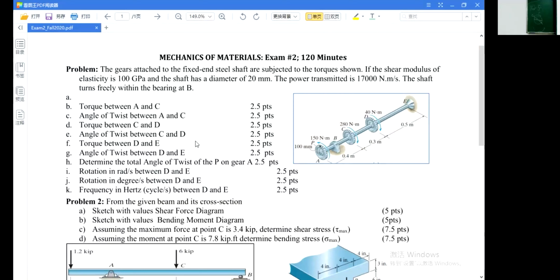The power transmitted is 17,000 Newton meter per second. The shaft turns freely with the gear at B. Find the torque between AC.